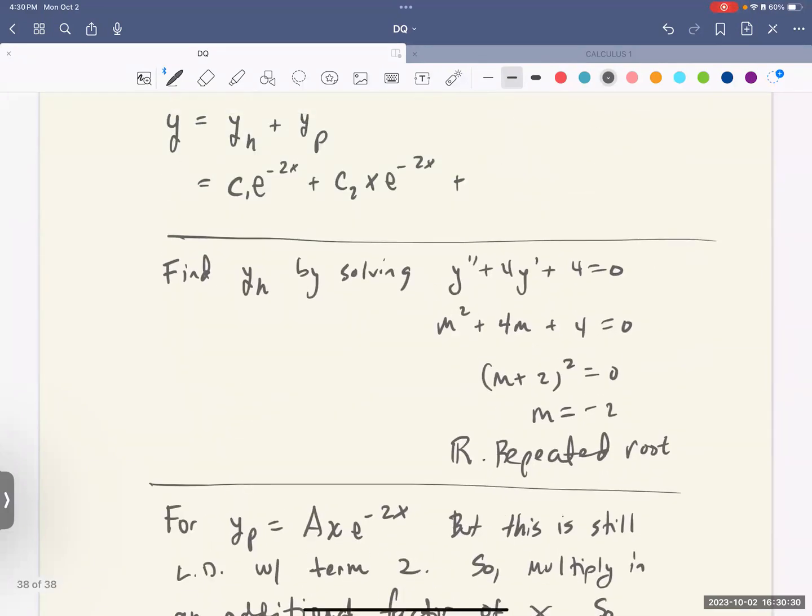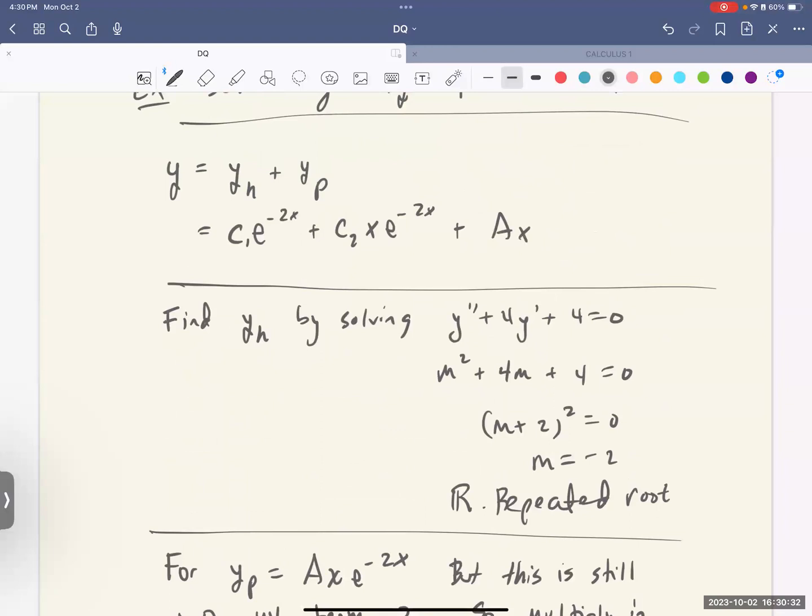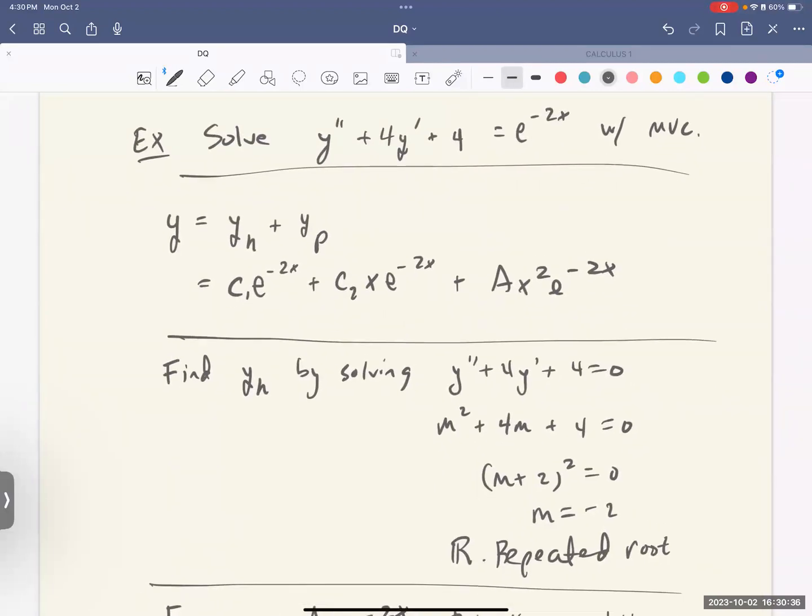Now, if we did that, with ax squared e to the negative 2x, we would have our linearly independent solutions. Again, we would need to go through a process to find the undetermined coefficient there. Then if we had initial conditions, find C1 and C2.